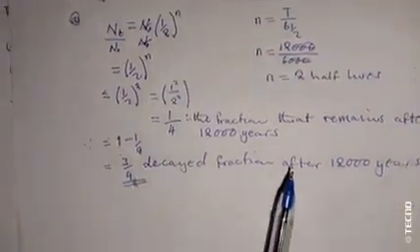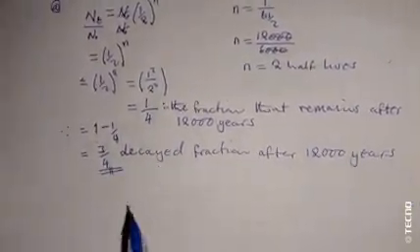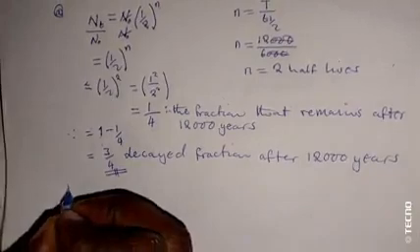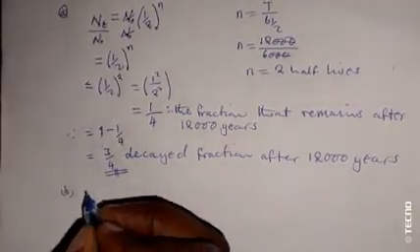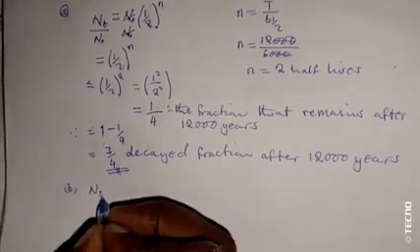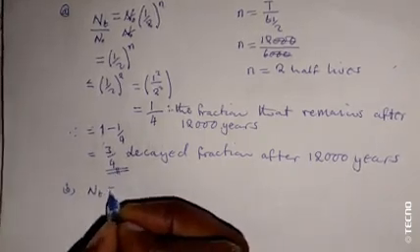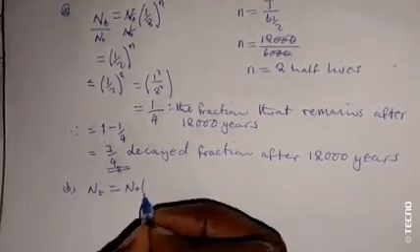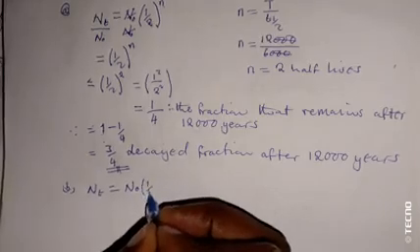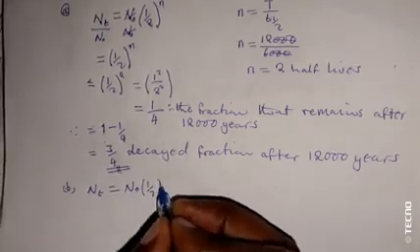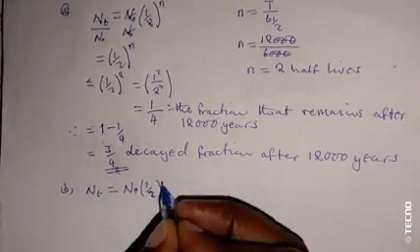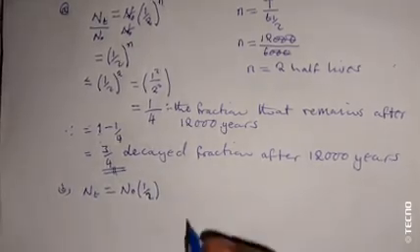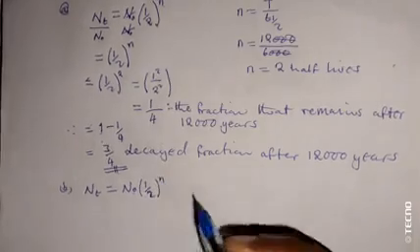Okay, so having that, we are saying that here N_T is the remaining, then N_0 is the initial, and it's half to the power n.